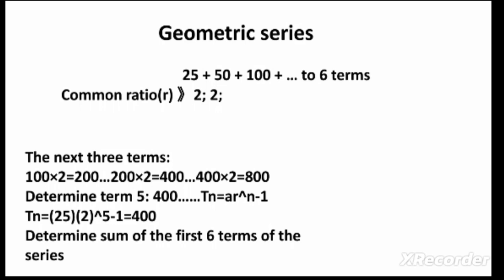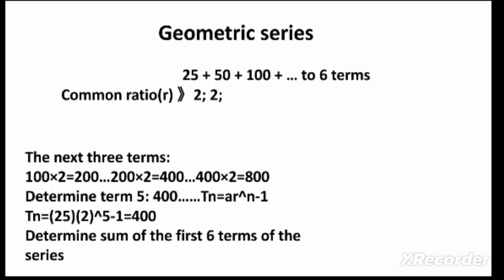Then you substitute specifically for this series. Tn is equal to a, which is 25, in brackets, r the ratio, which is 2, and then the exponent: you're looking for term 5, so you substitute with 5, and then minus 1. If you put that on a calculator, you're going to get 400.